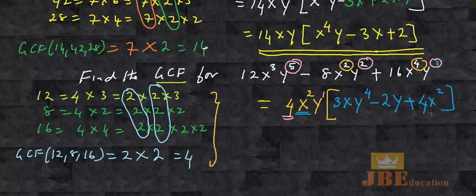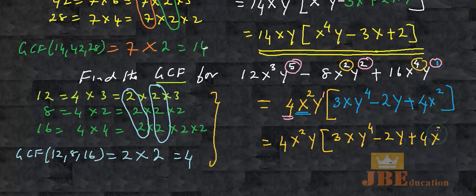So it's just going to be 4x squared. So rewriting the terms, it's going to be 4 times x squared y, open the parenthesis, 3 times x y to the power 4, negative 2 times y, positive 4 times x squared. So this is the GCF factoring for the question.